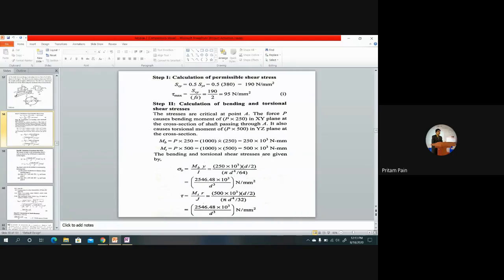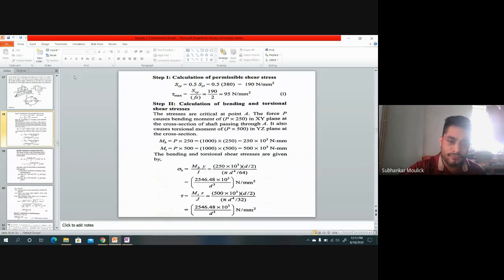No, sir. Okay. Since we found out the value of MB and MT, we can find out the value of sigma B and tau. Sigma B is nothing but the bending equation, which we know already, that is M into Y by I. M is the bending moment.